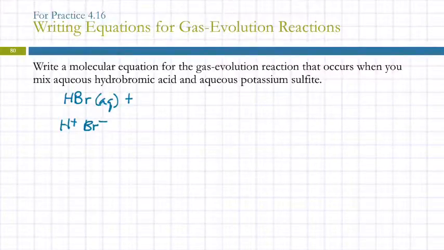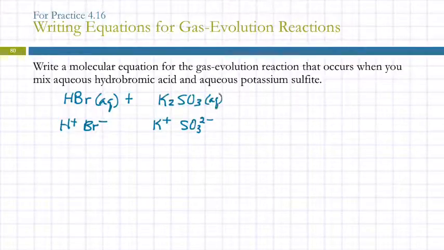And aqueous potassium sulfite. Well, potassium's K+. Sulfate is SO4 2-. This is the light version, sulfite. SO3 2-. So when I put those two together, I get K2SO3. That's aqueous, because it said so right there.